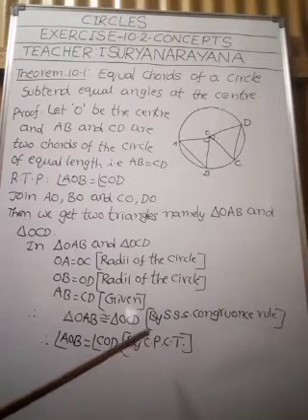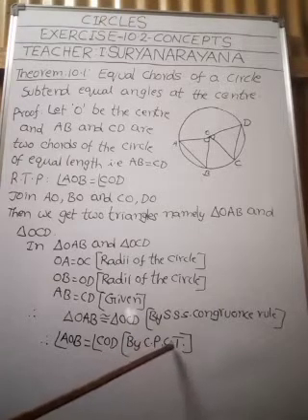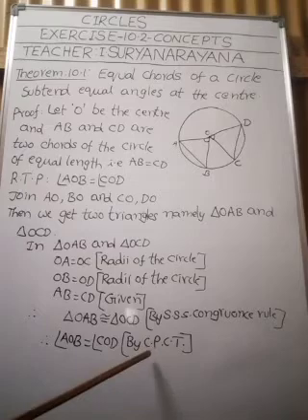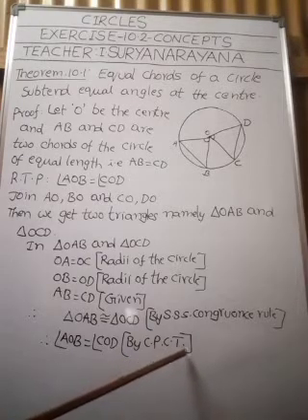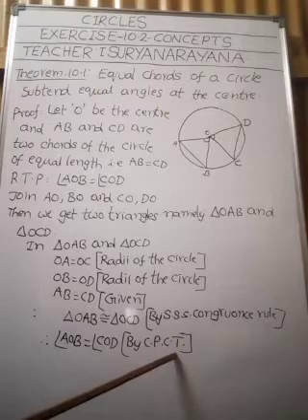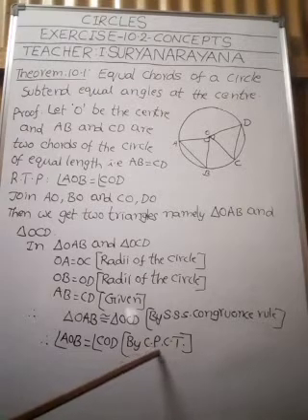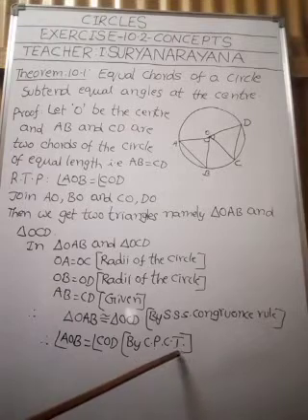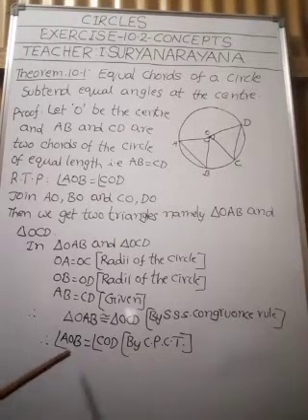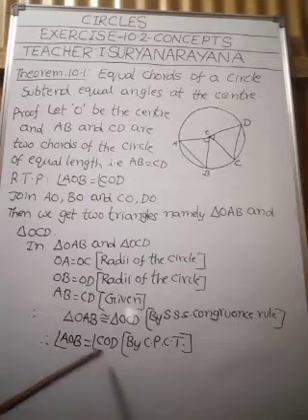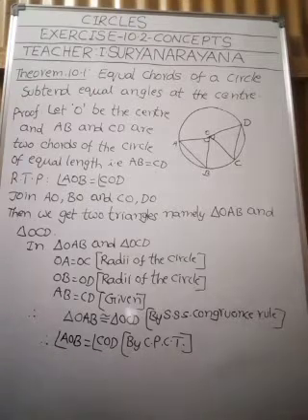Do you remember the full form of this CPCT, my children? Yes. Corresponding parts of congruent triangles. Do you remember that full sentence, my children? Corresponding parts of congruent triangles. So, by CPCT, we can say that angle AOB is equal to angle COD. Hence proved.